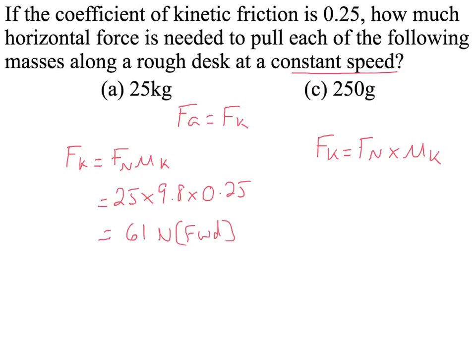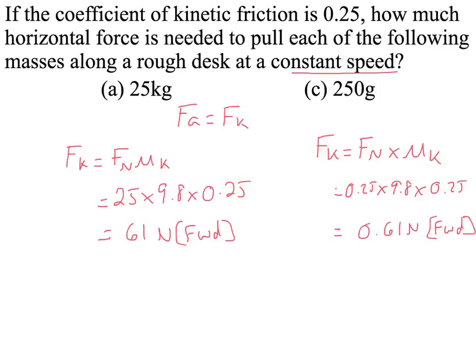And for C, the only thing different is the mass. In this case, it's going to be 0.25 kilograms times 9.8 times a mu of 0.25, and that's going to give us a friction of 0.61 newtons, and this is going to be forward as well.